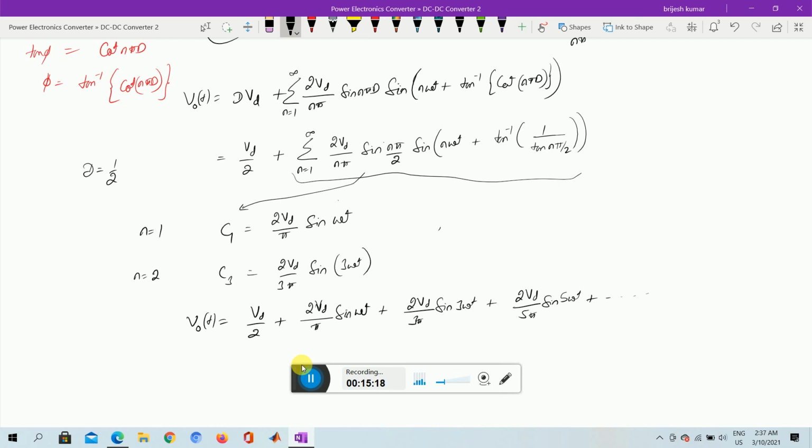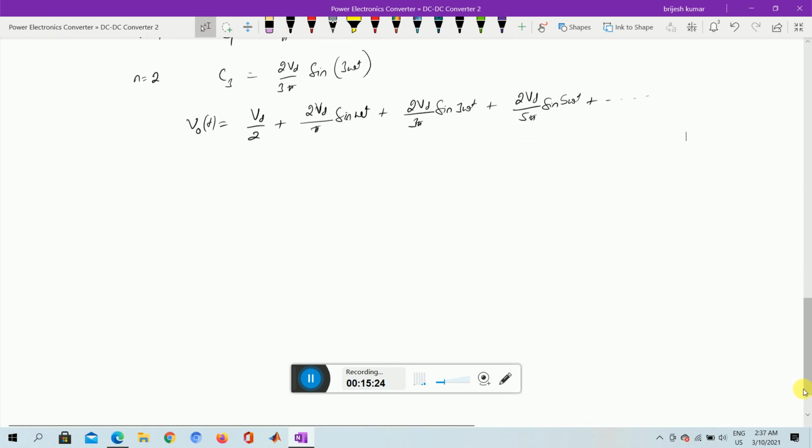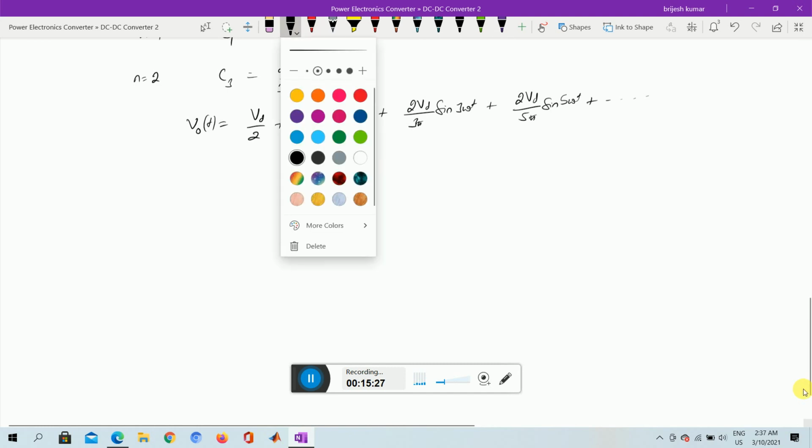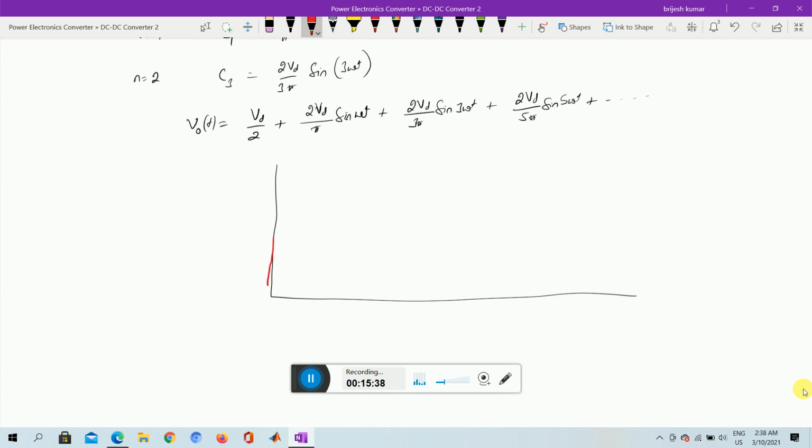And if we do the Fourier spectrum analysis of this waveform, we are going to get here the output as Vd by 2. So we are going to get here an output as a DC component, this is Vd by 2.